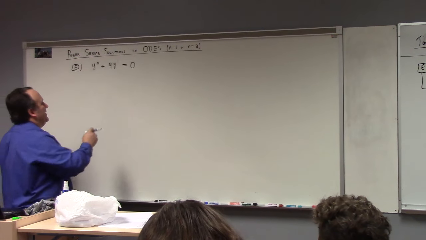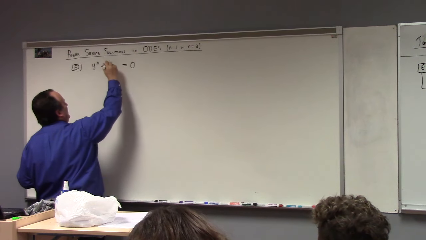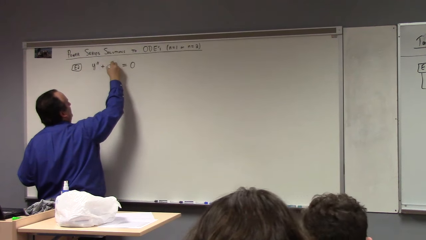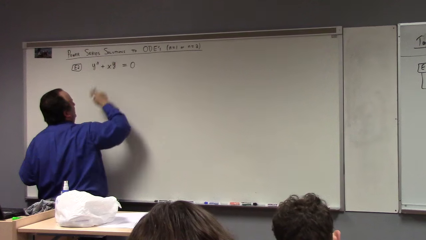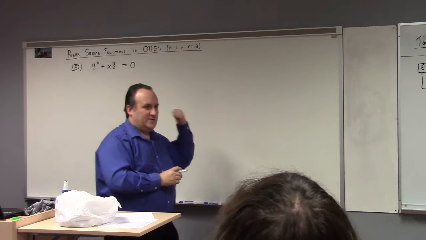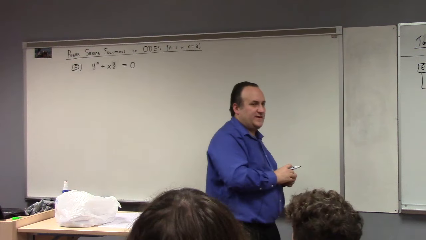Let me make it something we can't solve. I'll throw an x in here. There. Now it's unpleasant. You can't solve this with our previous methods, right?